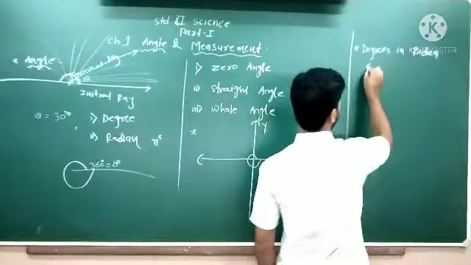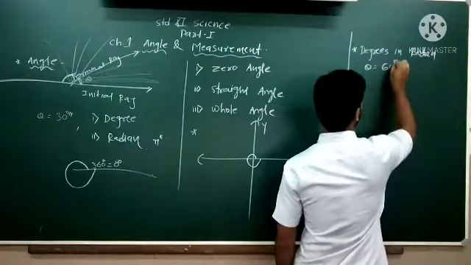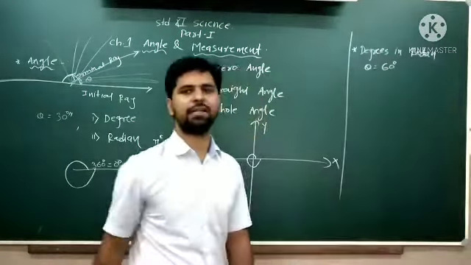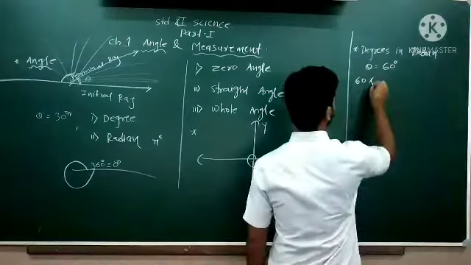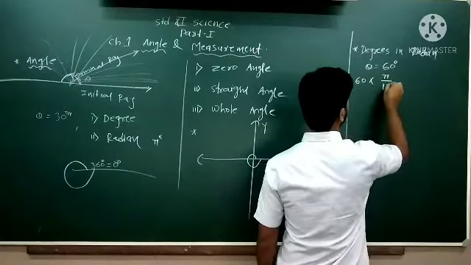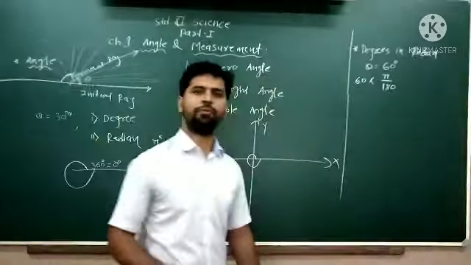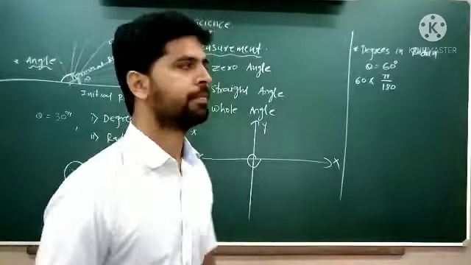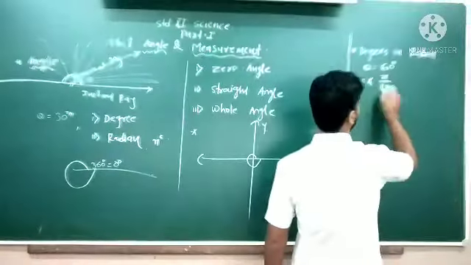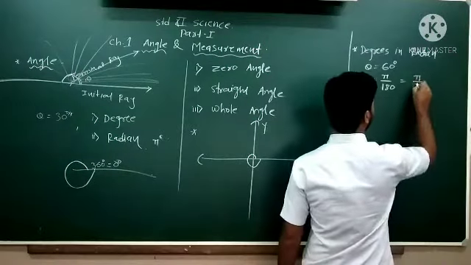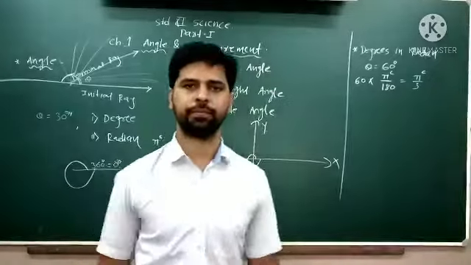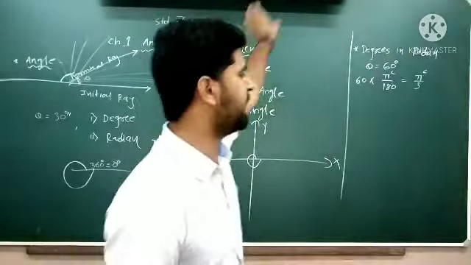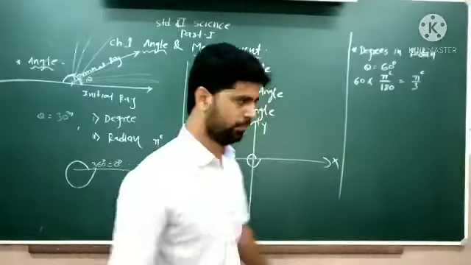Suppose you have any angle theta equal to 60 degree and they ask you to write the angle 60 into radian. Just multiply that 60 with pi by 180. We know pi is also 180 degrees, right? So 60 will divide to 180, you will get 3, so you will get pi by 3 and by your C for that radian. This is how you can convert any degrees into radian.